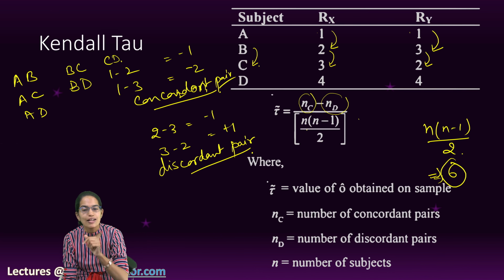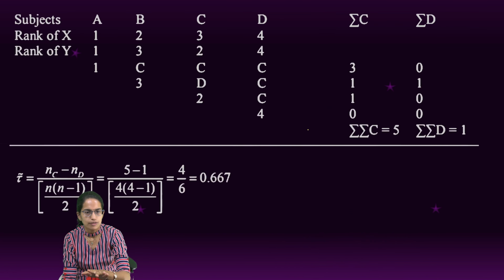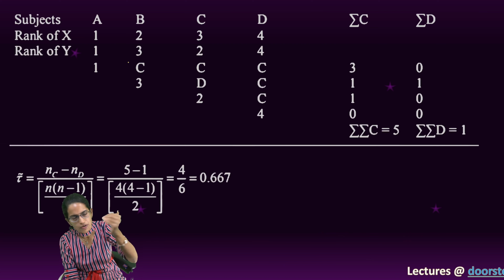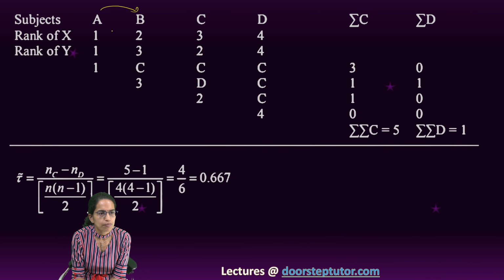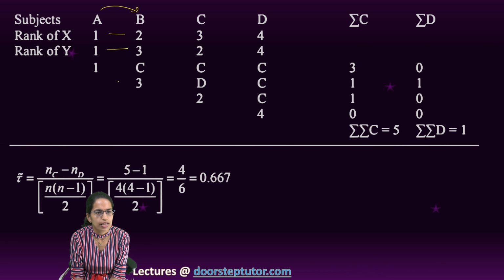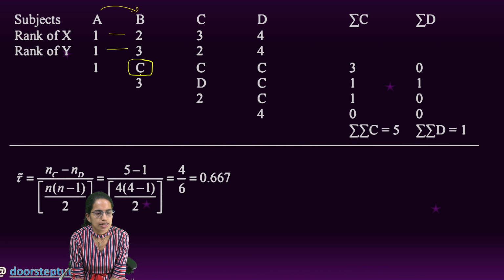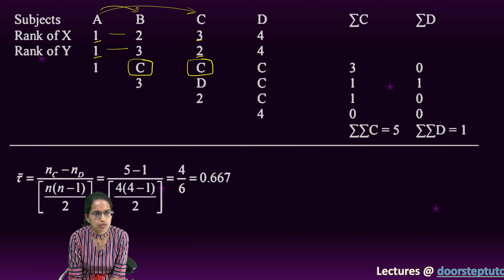Now, how do we calculate the concordant and discordant pairs? For the same example, rather than writing them vertically, I have now written them horizontally. I am finding the relation between A and B for the first and second rankings: 1 minus 2 and 1 minus 3. Both have the same direction, so concordant. A and C: 1 minus 3 and 1 minus 2, same direction, so again concordant.